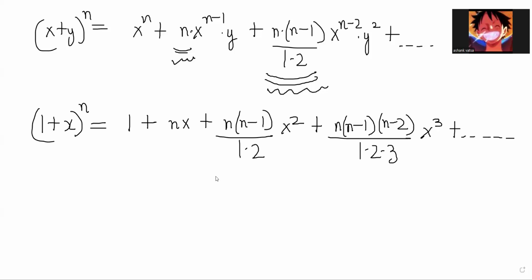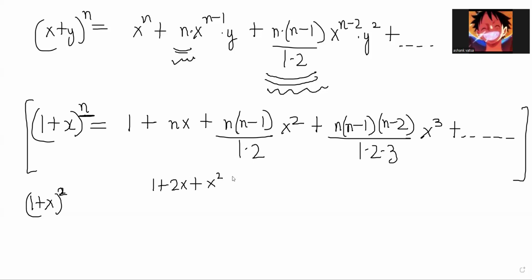And now what we will do is, in place of n, I will put... first of all, you have to convince yourself that this formula is correct. Just convince yourself by putting n equal to 2 in (1 plus x) power n, right? So look what is happening here: 1 plus 2x plus 2 into 1 by 1 into 2, so x square, right?